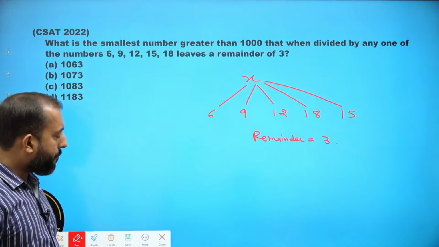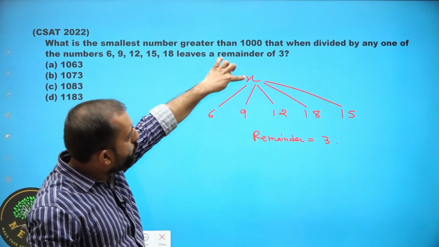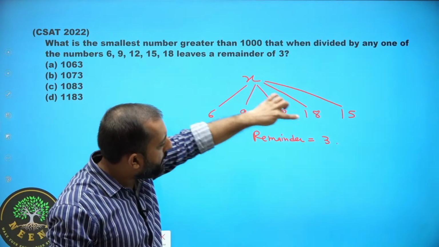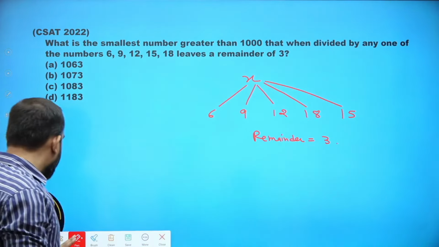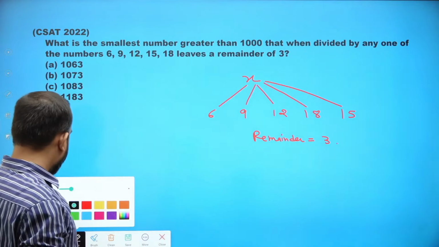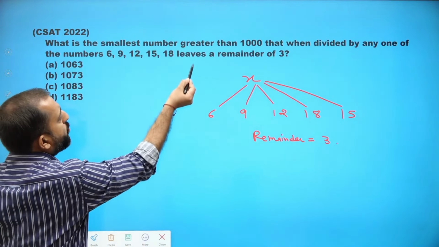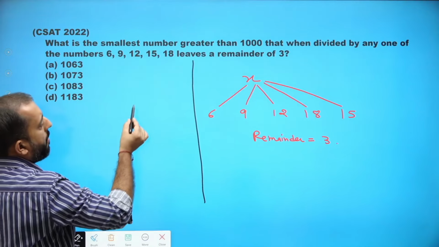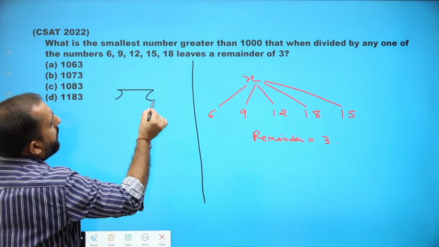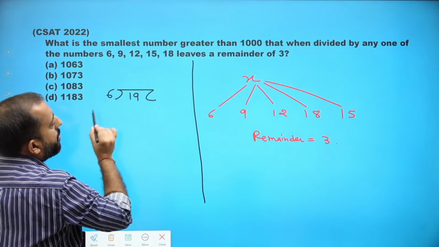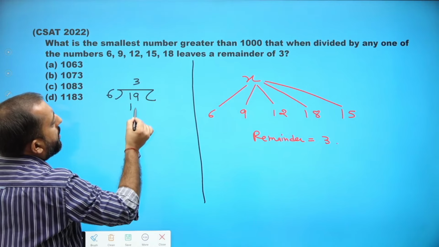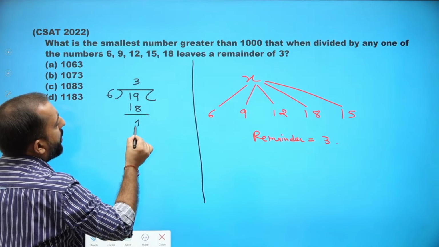Now x when divided by 6, the remainder is 3. To understand this, let me discuss one more simple example. If I divide 19 by 6, 6 threes are 18, the remainder is 1.